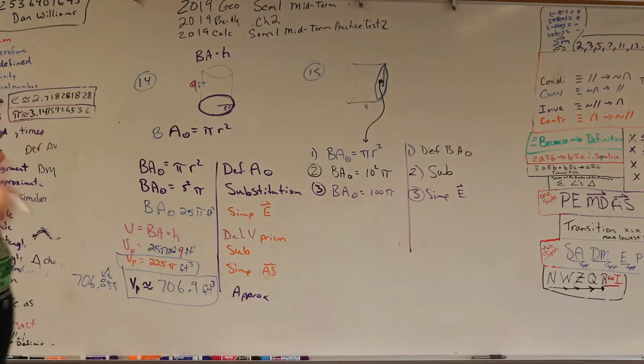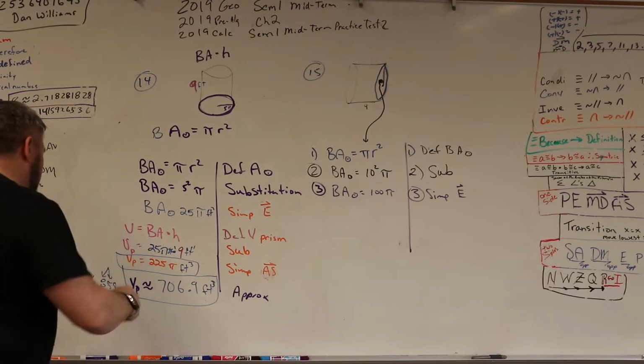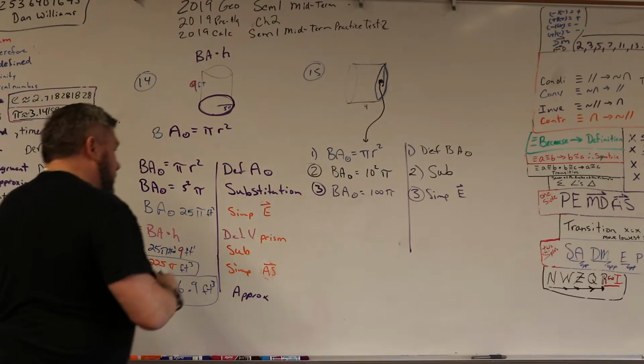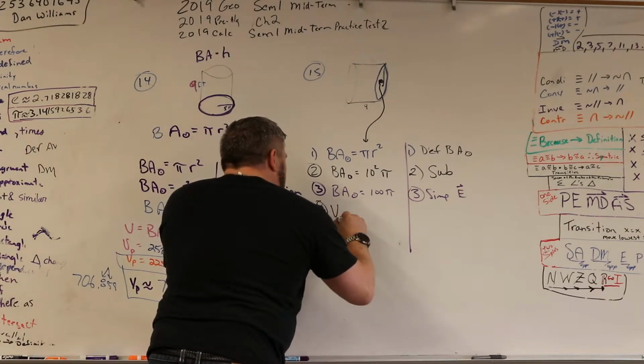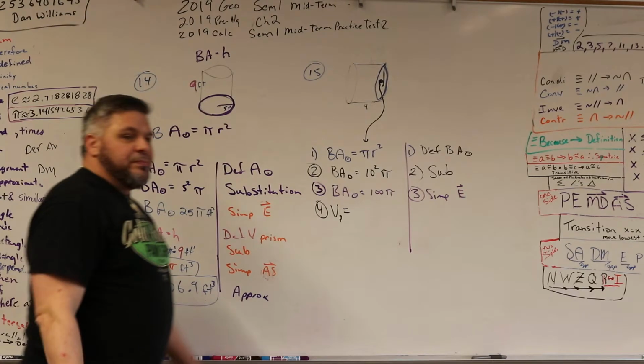Okay? And once we know the base area, what can we do? We can use it in the volume. So how are we going to use it in the volume? What's volume equal to?